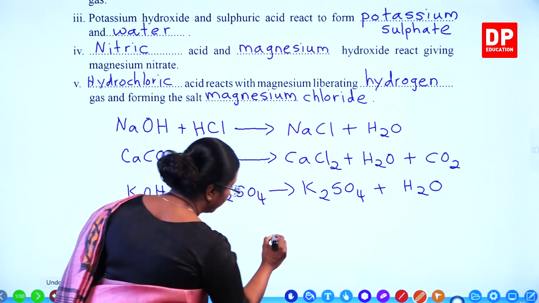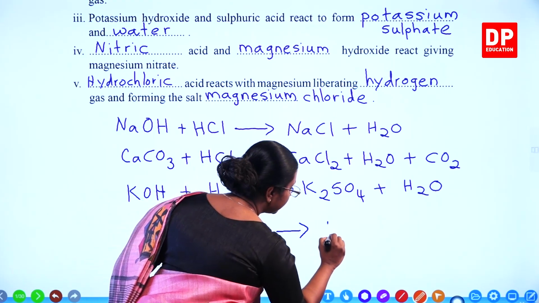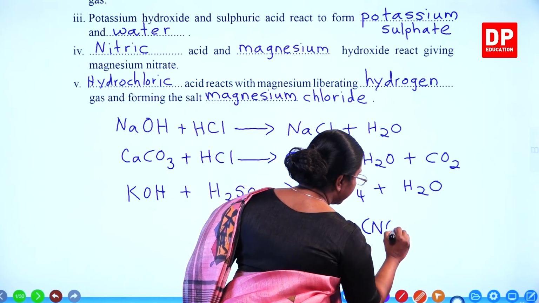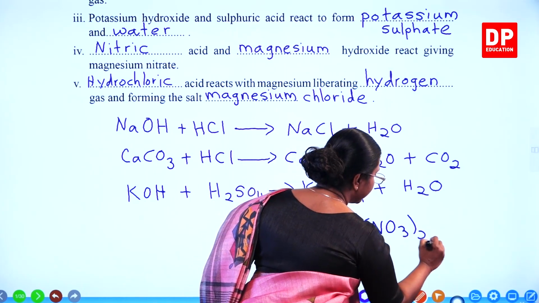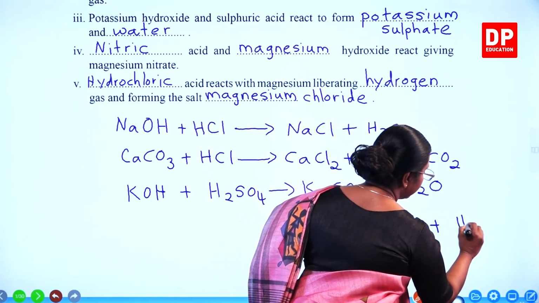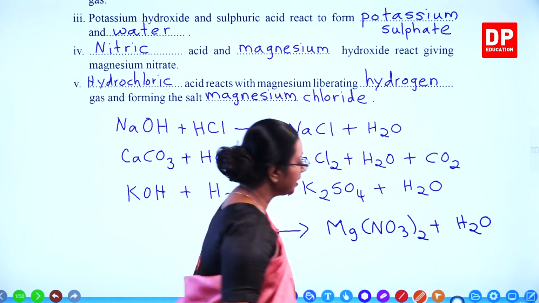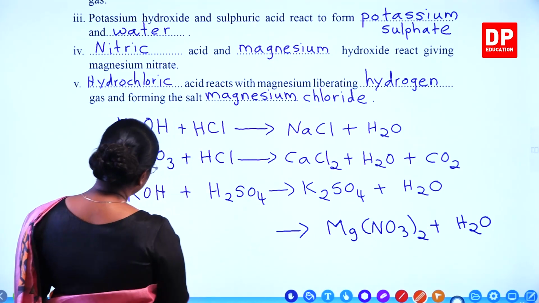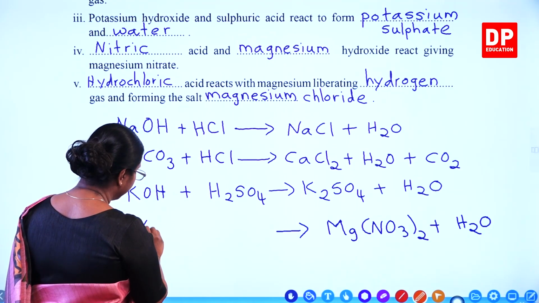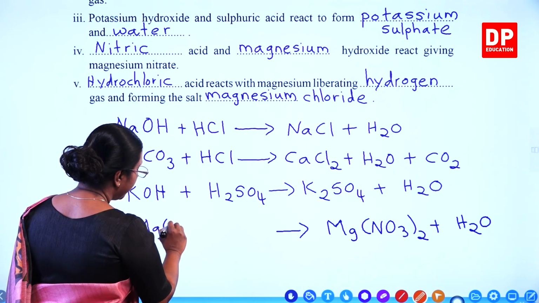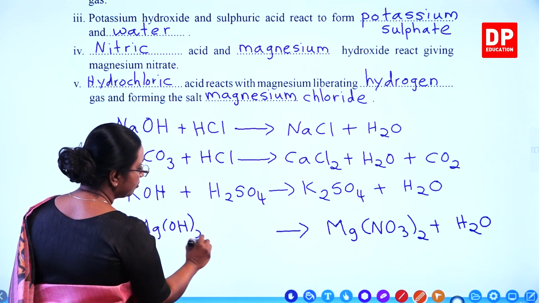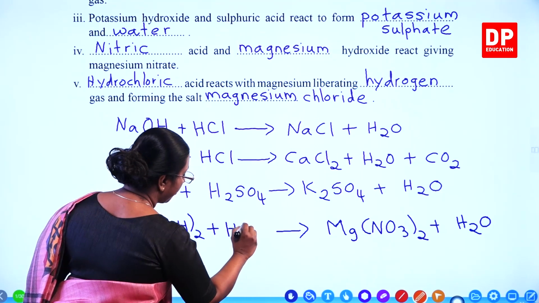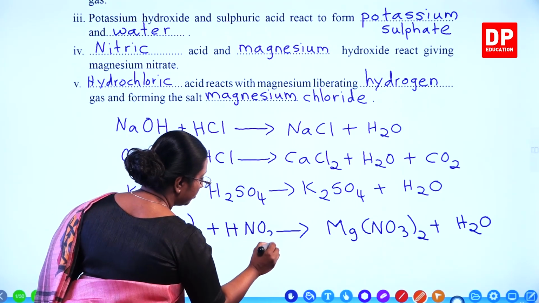So we only know that the product is magnesium nitrate, Mg(NO3)2, and you know for sure there is water produced. Then you can write the base and the acid. Magnesium has to be in the form of hydroxide, Mg(OH)2, plus the nitrate has to come from the acid, HNO3.